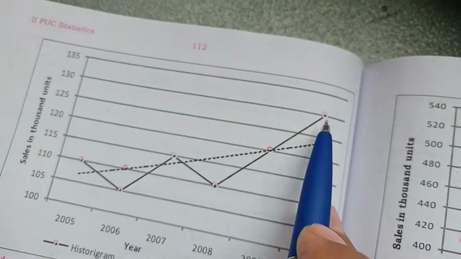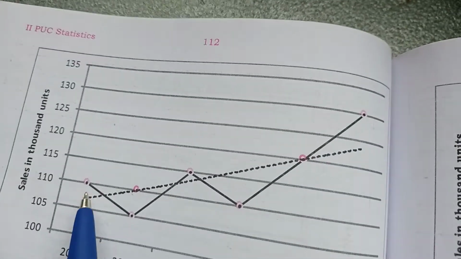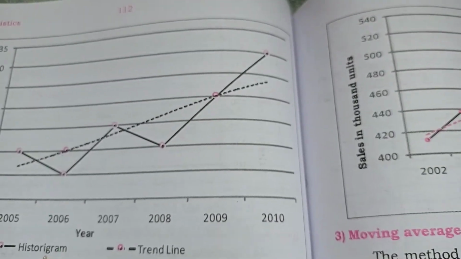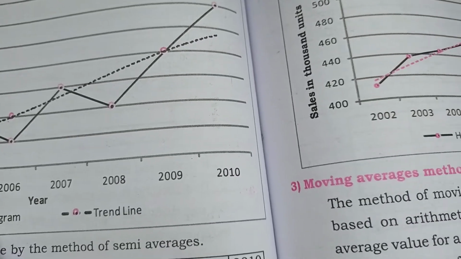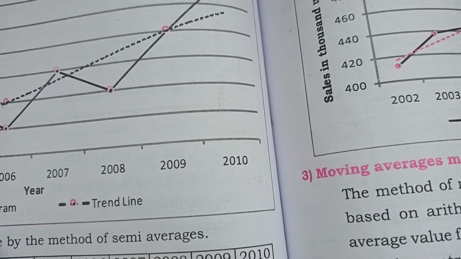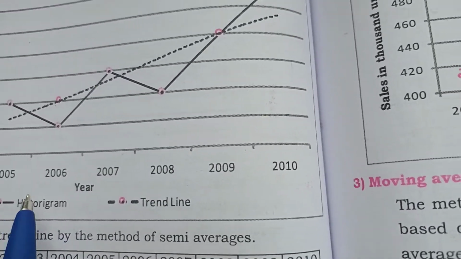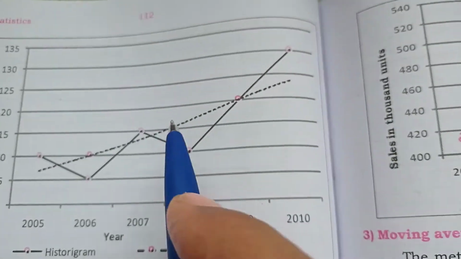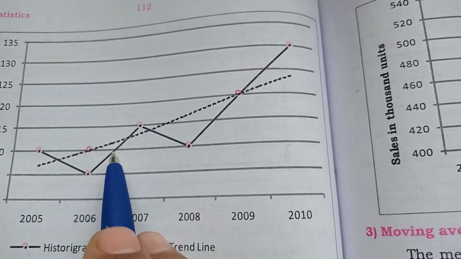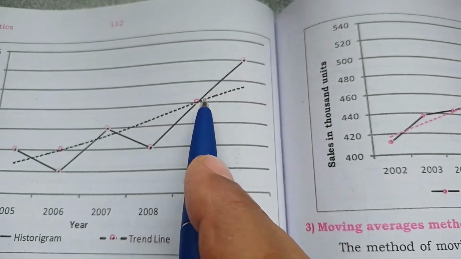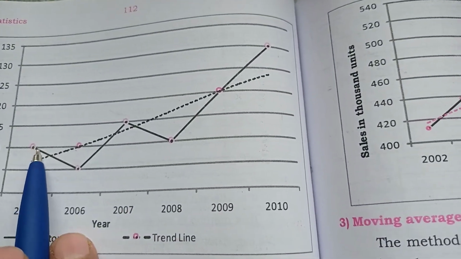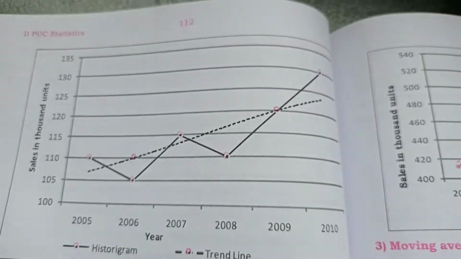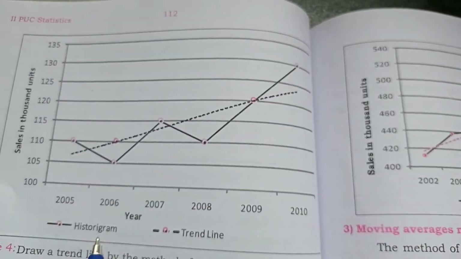This is called the histogram. I have drawn the histogram using the given data. Then join the points drawn on the graph.